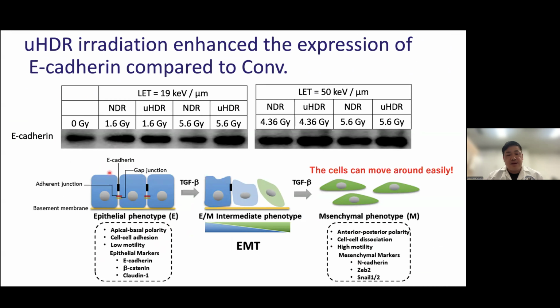E-cadherin is a protein that acts like glue, holding the cells tightly together. The cells that make up our body's surface and internal organs need to stay organized rather than scattered, and E-cadherin helps them stick to one another to maintain stable tissue structures.